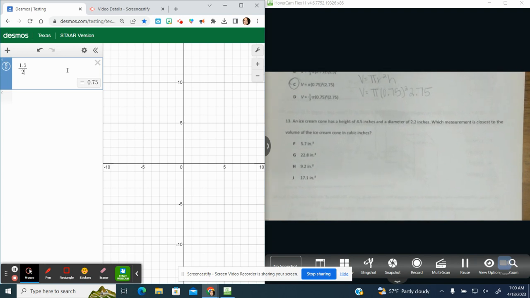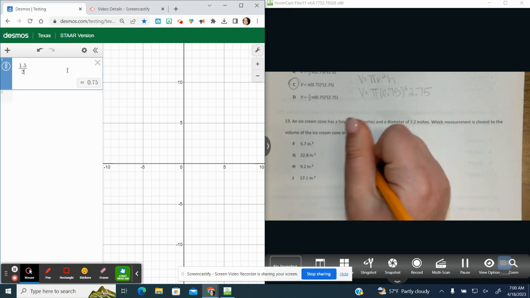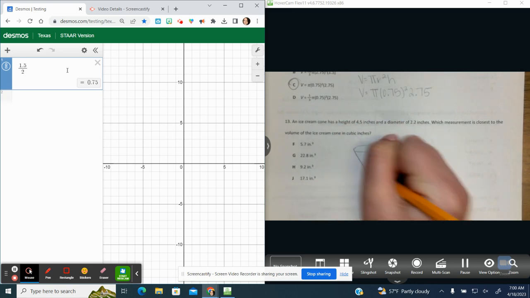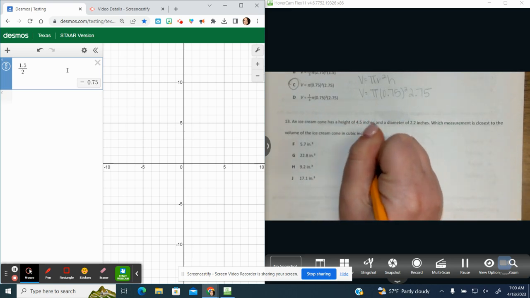Number 13 says an ice cream cone has a height of 4.5 inches and a diameter of 2.2 inches. Which measurement is closest to the volume of the ice cream cone in cubic inches? So let's draw the cone. The diameter is 2.2. The height is 4.5.